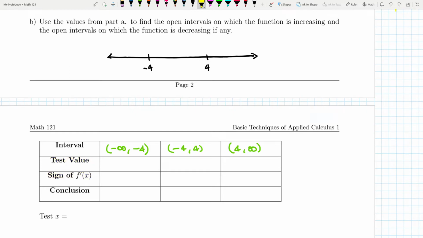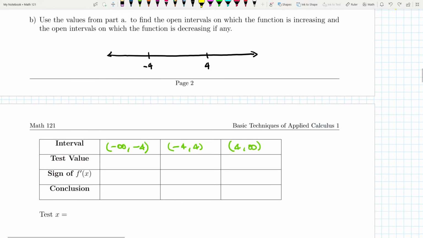Okay, so let's see. We are going to pick our favorite number in between each interval. For example, anything within the first test interval, a number less than negative 4. I'm going to choose negative 5. And then I'm going to choose between negative 4 and 4. By the way, try to choose the easiest number possible.